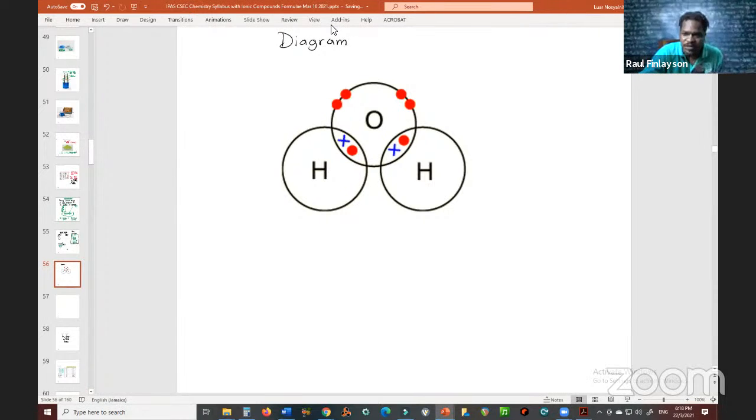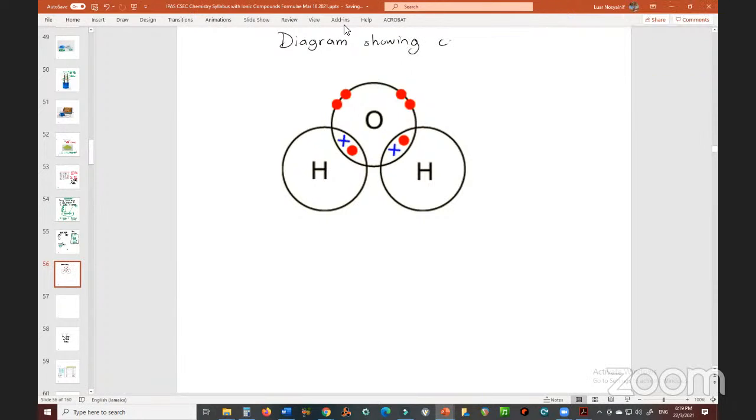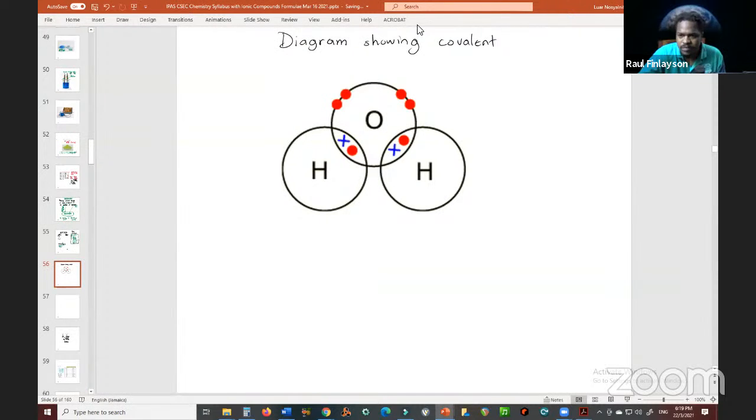Covalent bonding is the sharing of electrons. How you show that in a diagram is right here. The diagram shows the two hydrogens and the one oxygen, showing the covalent bonding.